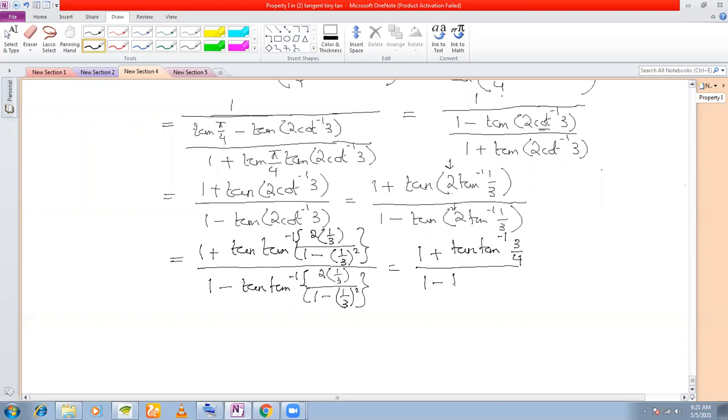And here you're going to get 1 minus tan of tan inverse 3 by 4 also. So now what happens? You simply get 1 plus 3 by 4 by 1 minus 3 by 4. Again, you take the LCM in the numerator and denominator, you'll get 7, which is equal to your right hand side. Any questions now?